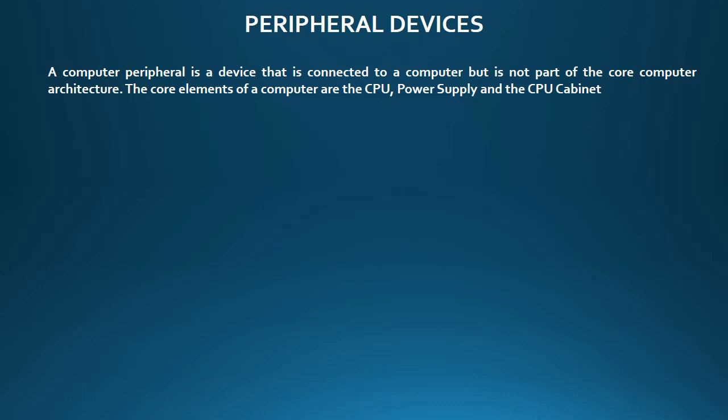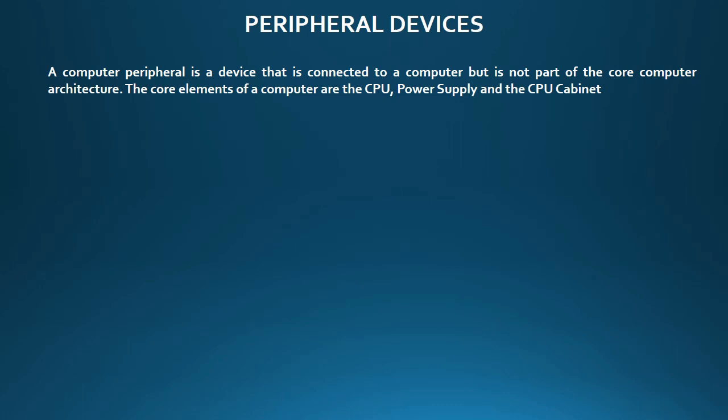That means the main components of a computer are central processing unit, the power supply which we have studied in the previous class, that is SMPS, and the cabinet in which all the parts are kept or fixed. Other than that, the other devices which are externally connected to the computer are called peripheral devices.